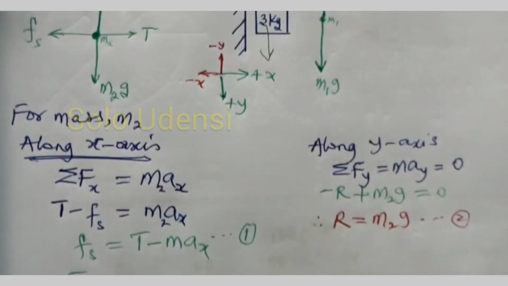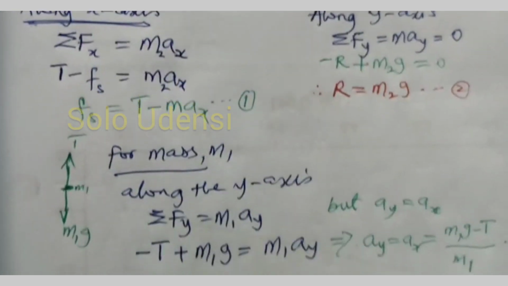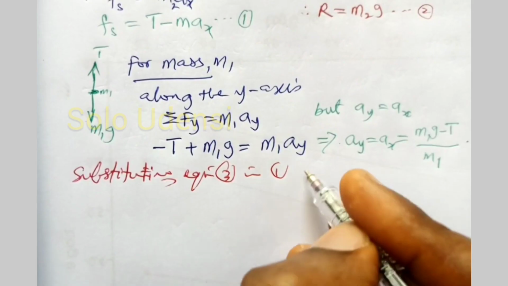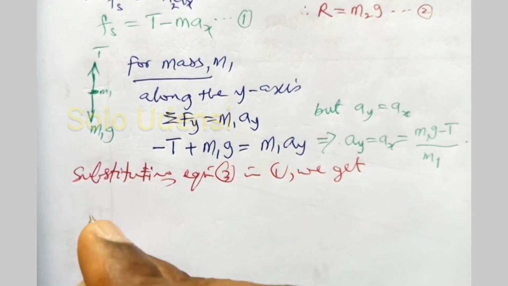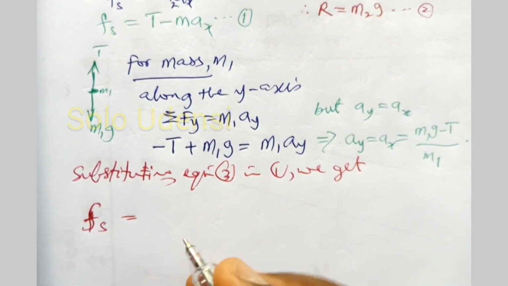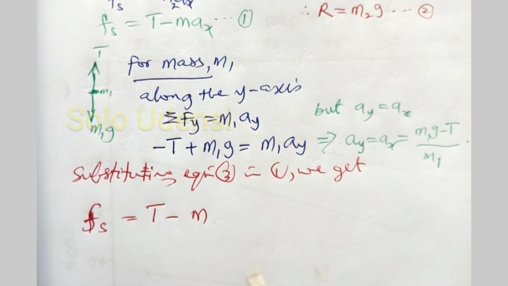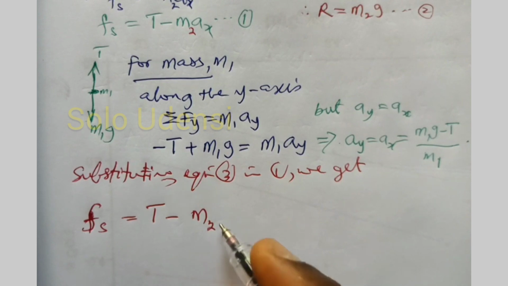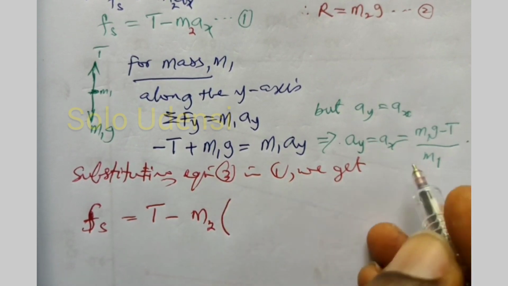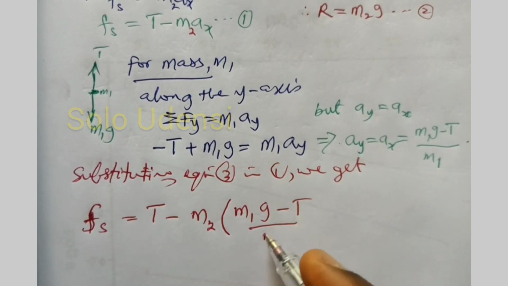Let us now substitute it in the first equation that we got. It will help us to find the Fs. So if we do that, we get Fs is equal to T minus, remember this is m2, m2 into our ax, which is m1g minus T over m1.